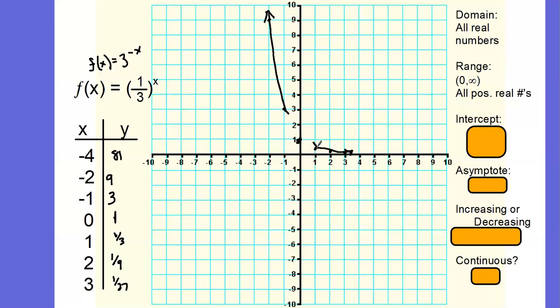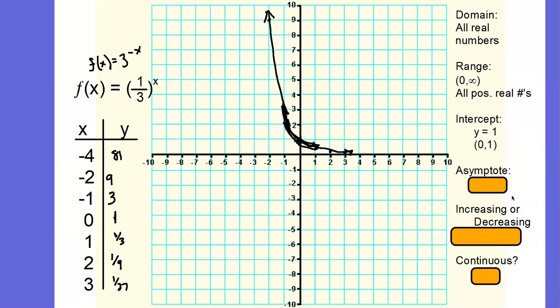So I should be going more like, okay, something like that. I think I made it worse. Hopefully you get the idea here that this is going to go through the point 0, comma 1. So I do have this intercept at 0, comma 1. It's my y-intercept.